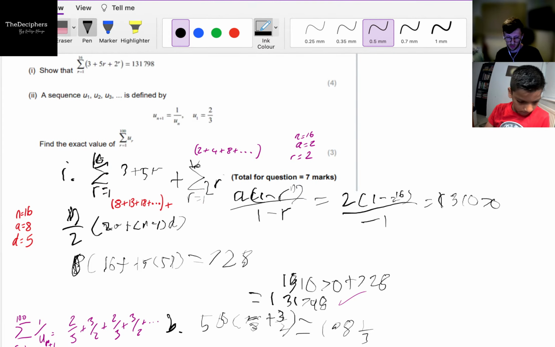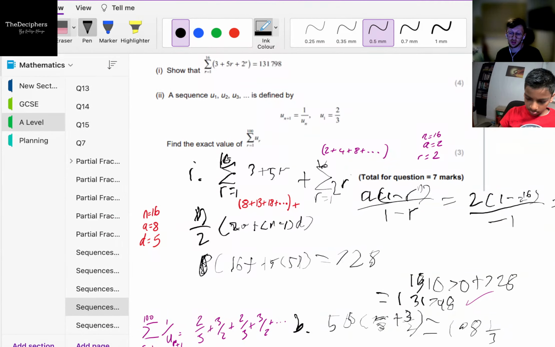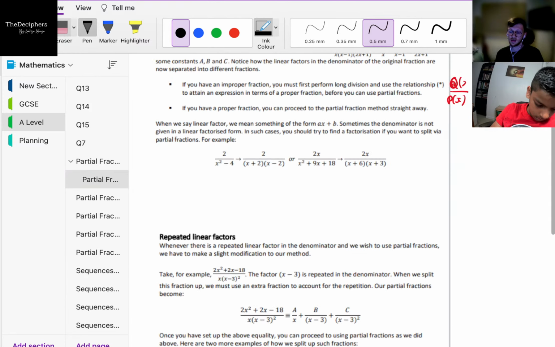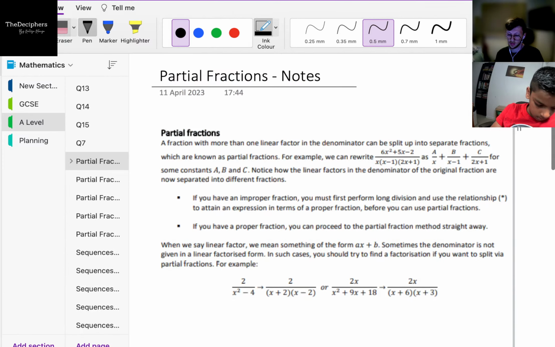Yeah, exactly right. 325 over 3. Fantastic. So it's periodic with order 2, and so you're going to have 50 times 2/3 plus 3 over 2. Brilliant.